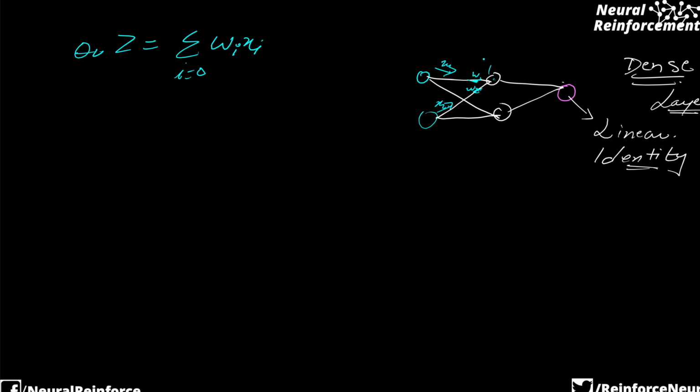And as in the case of linear regression, we'll add a bias in a similar way. So we'll call the weight of it omega naught, and this is X naught, which is the bias term for this particular hidden layer. That is why i here starts from 0, not 1, and goes from 0 to 2 in this particular case, or the number of neurons, say n. Okay, this was Z.